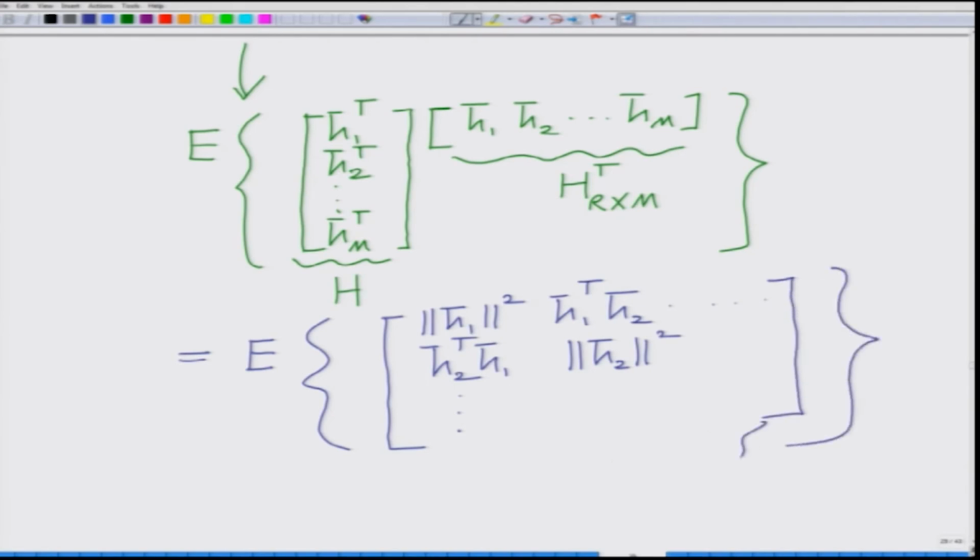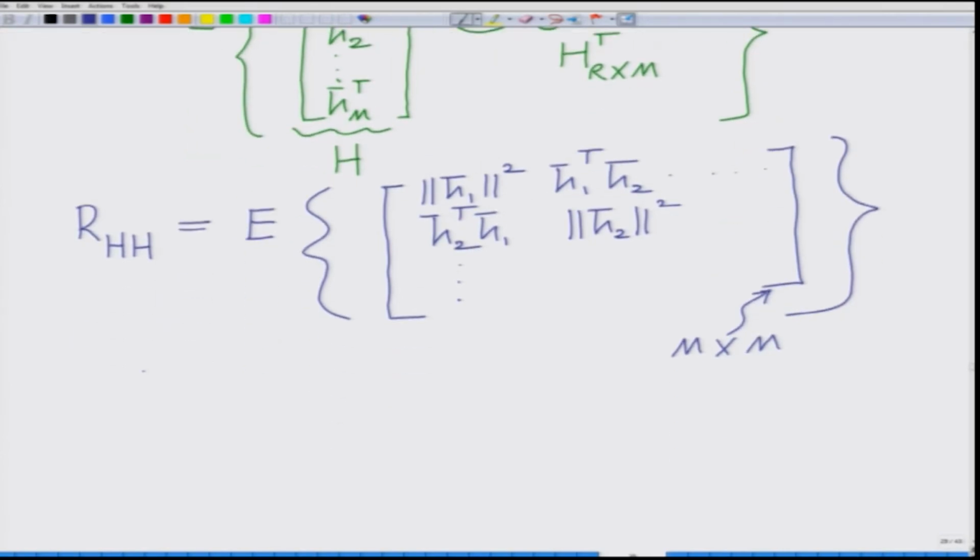This is the product of M cross R and R cross M, so it is an M cross M matrix. This is your R_HH, the covariance matrix of the channel matrix H.